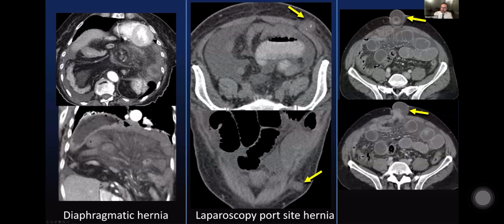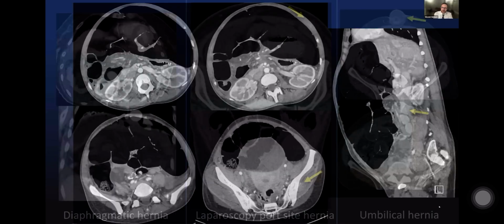A very small knuckle of small bowel coming out here, but enough to probably cause underlying adhesions and also obstruction there. And of course, a very common umbilical hernia, again, causing obstruction. This one was strangulated with underlying developing ischemia with all this edema within the small bowel mesentery and ascites.